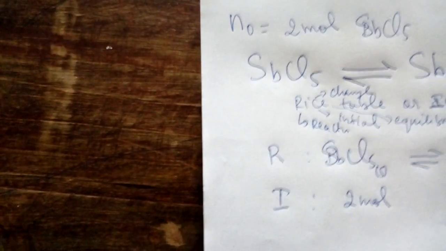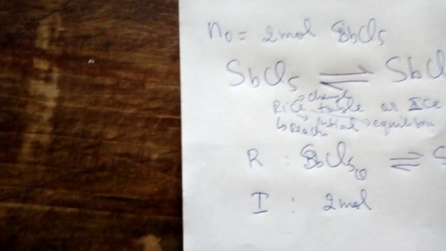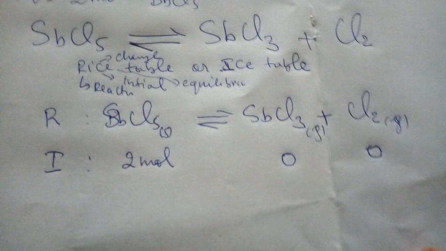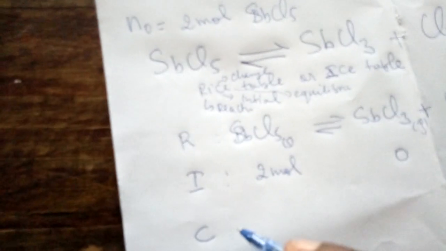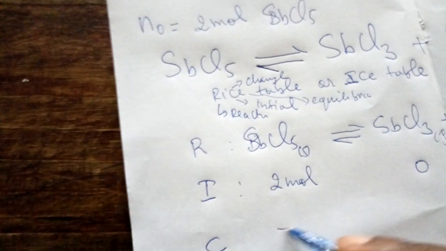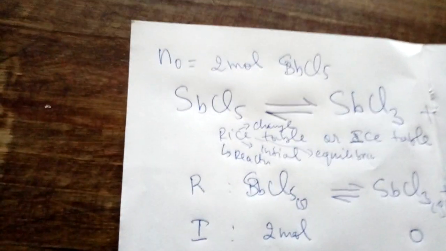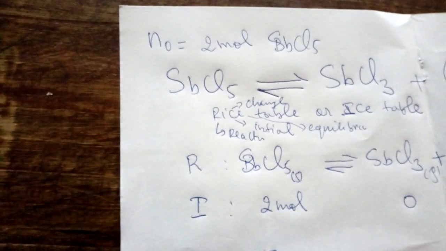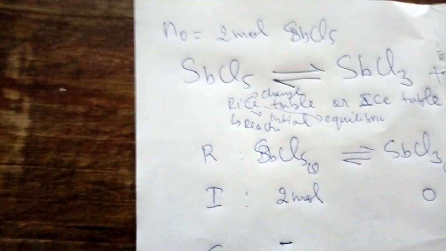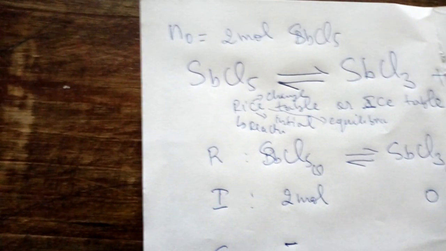but here we have 0 because at the beginning we don't have any moles on the right side. But when there is a change, some amount is removed. The amount which is removed, there is the remaining at equilibrium.